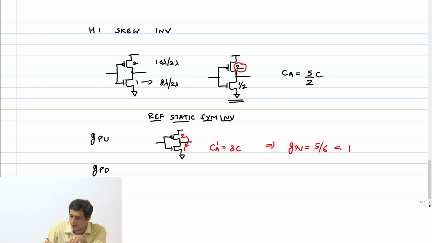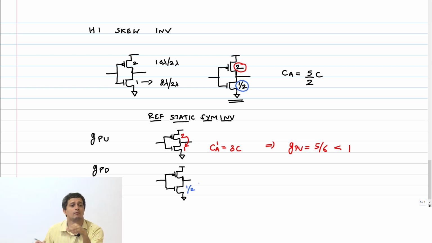Now, I want to calculate the logical effort of the pull down. What should I do? I have to compare it with a reference static CMOS inverter with the same pull down strength. Therefore, this half has to appear here. If this is half, what should be the PMOS? 1.